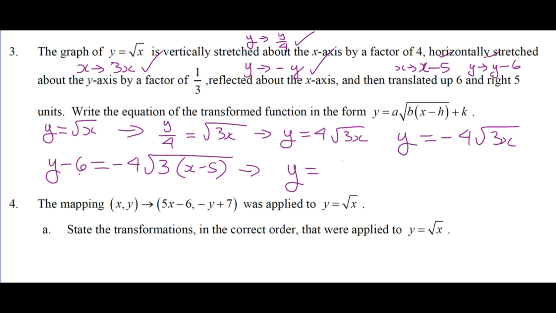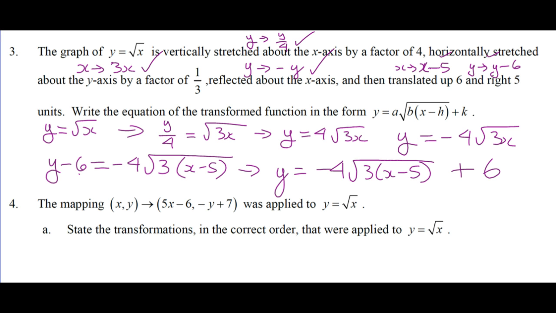So y is equal to -4 root of 3 times the quantity x minus 5, plus 6. Okay, and that's in the form y equals a root b, a is -4, b is 3, x minus 5 plus 6. What's negative? -4, you're right. Well, it was up until negative.